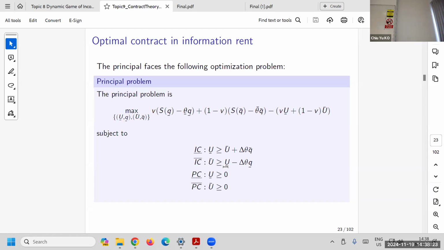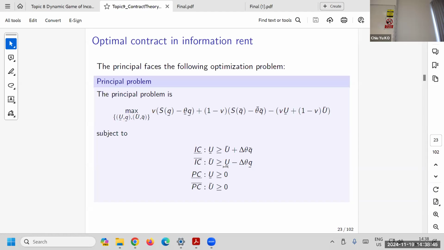The IC constraint can be written as: the rent of the low type is more than 0, the rent of the high type is more than 0, and the low type rent is higher than the high type rent plus delta theta times Q hat, as we said delta theta is important.